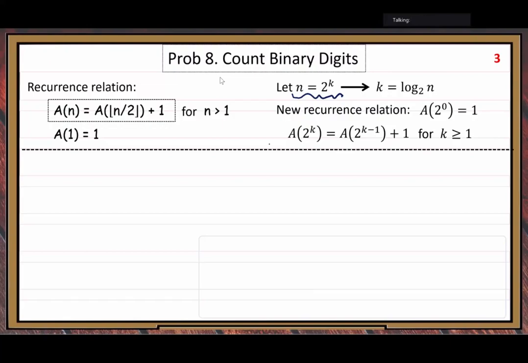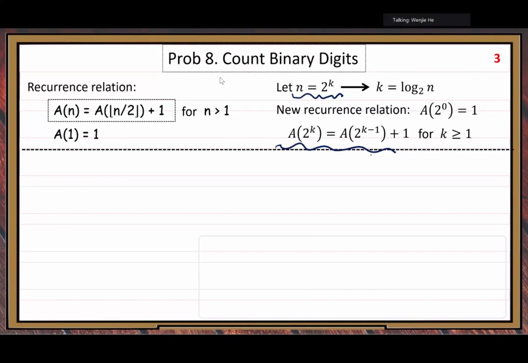Division by 2 always gives an integer, so the floor function can be removed without any change. That's why we call it the best case scenario.